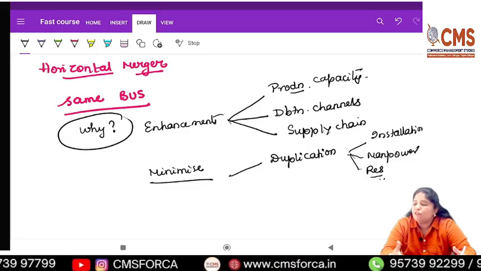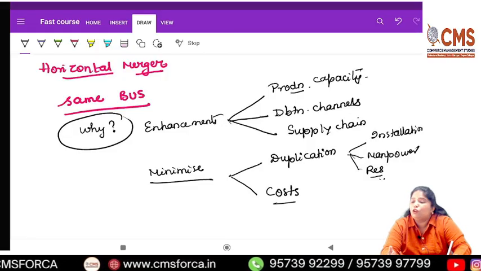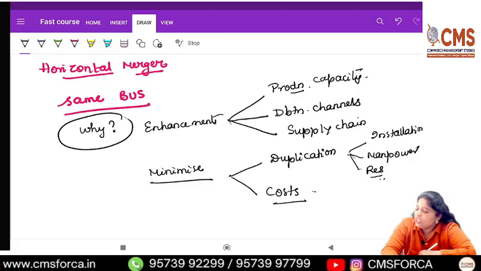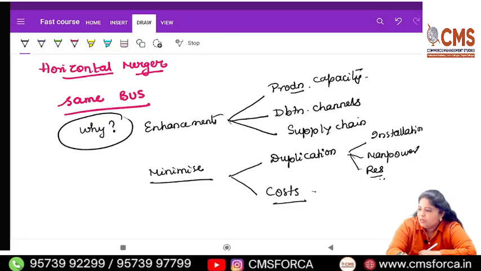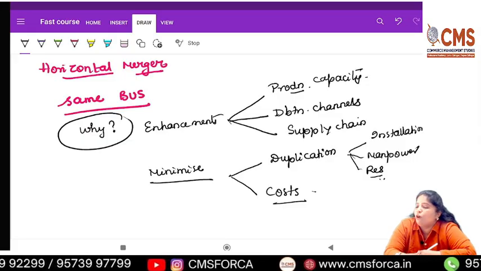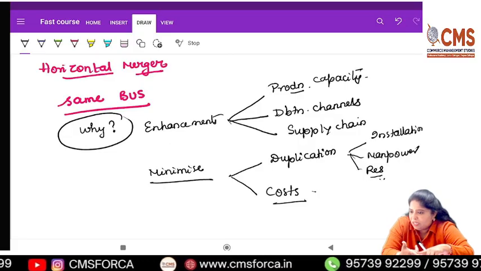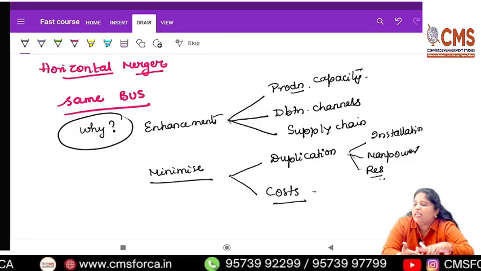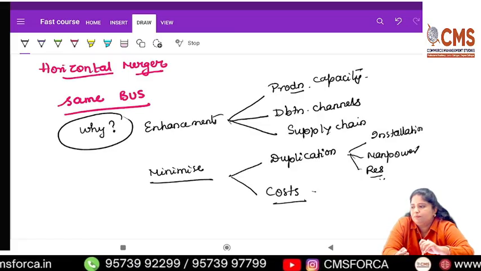So when so much duplication can be reduced, obviously a lot of costs and expenses can also be reduced. This is the reason why business entities can think of a horizontal merger. They can have good control on the supply chain, their distribution channels and systems can be strengthened, and they can minimize duplication and cost.